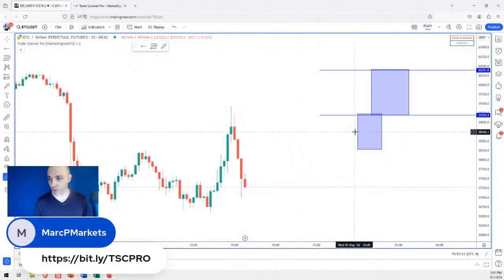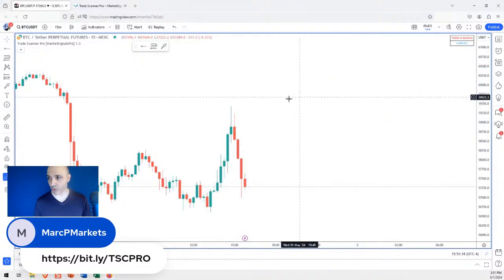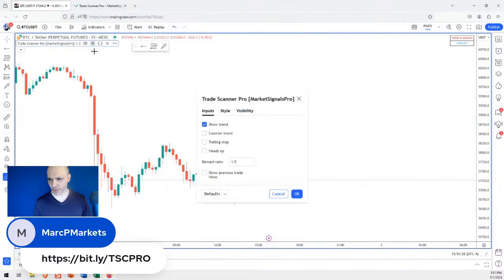Now, there are some really cool features that the script has that the Trade Scanner Classic does not have. One of the cool features on this thing is something called Heads Up. In fact, in our recent upgrade, we just put in previous trades so you can see old signals, but Heads Up tells us when a signal is likely to show up soon.